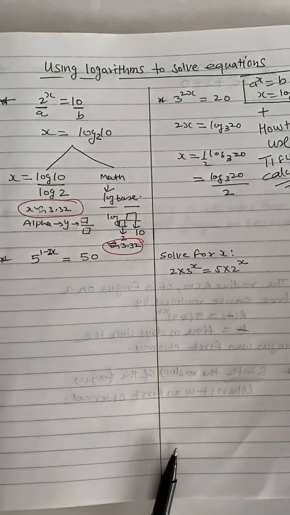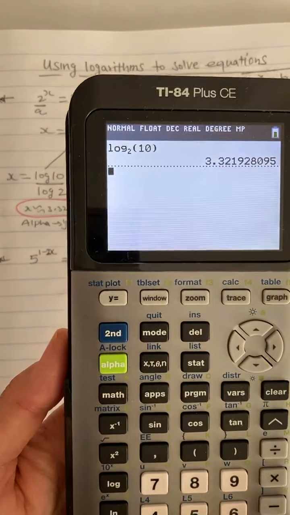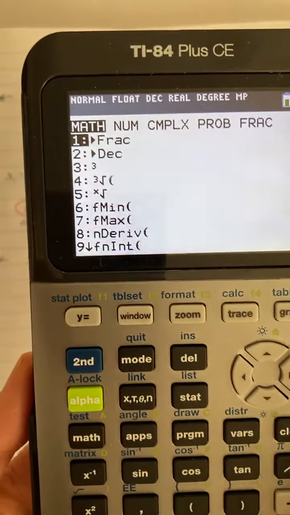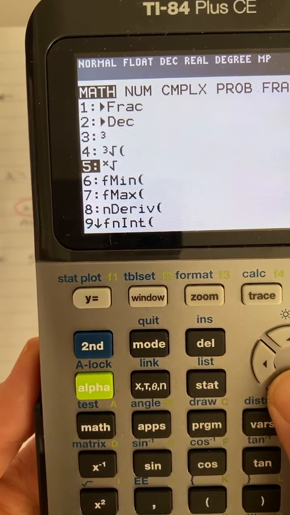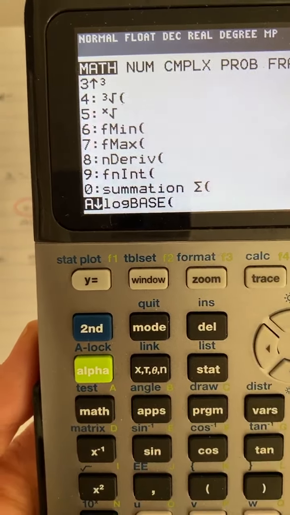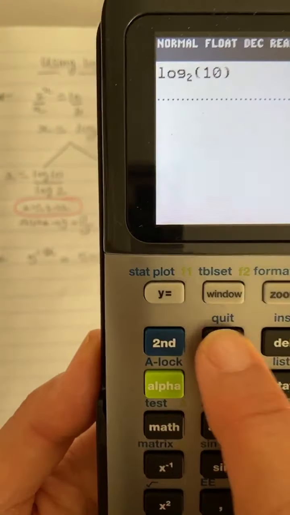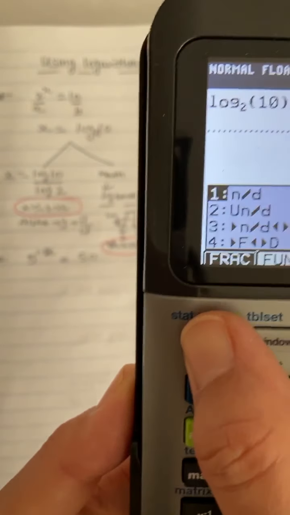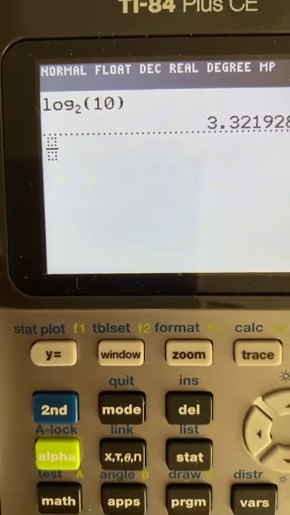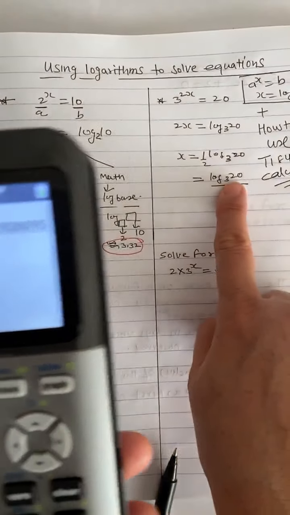Now I'm ready to enter this in my calculator. Again, I'm going to use math. Actually, what we should do first is the fraction feature, alpha y. Now in the numerator, we need the log base.